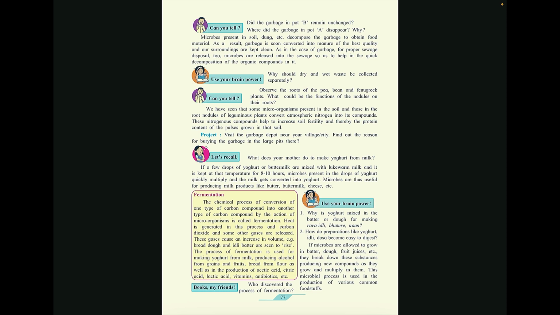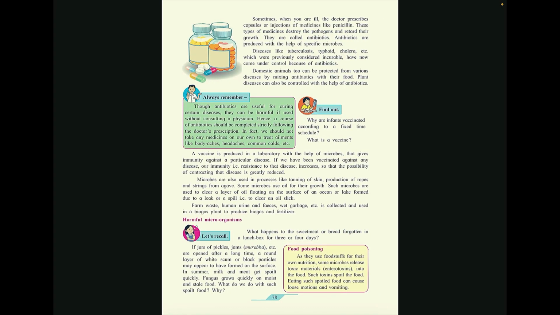With the help of these useful bacteria, we can make vaccines and antibiotics also. Penicillin is one of the important antibiotics which we can make with the help of microorganisms.